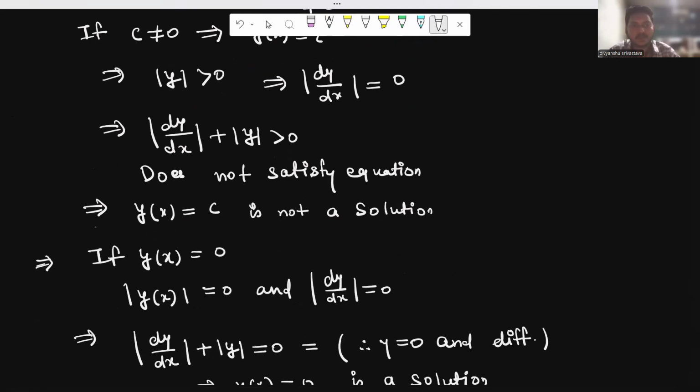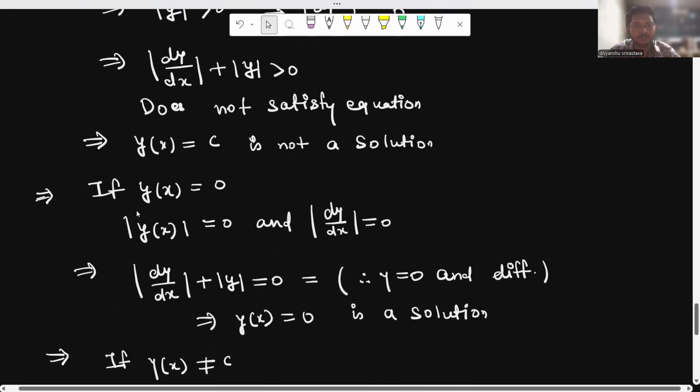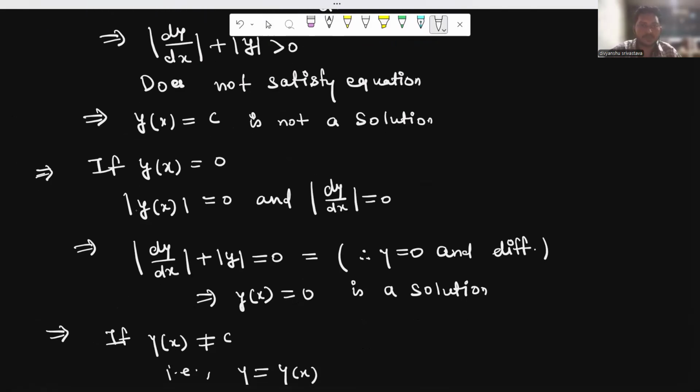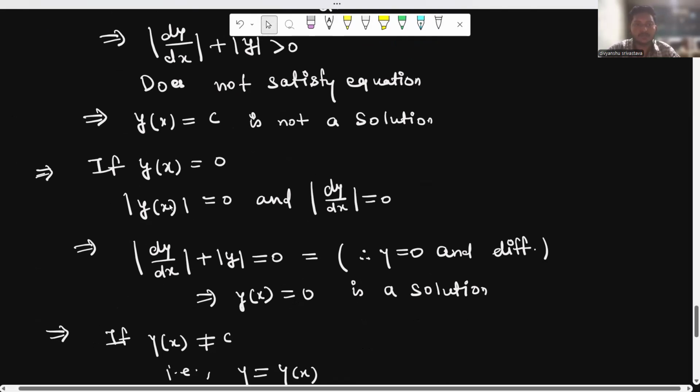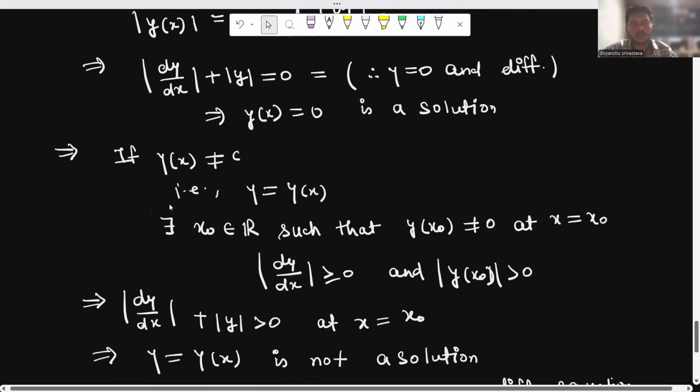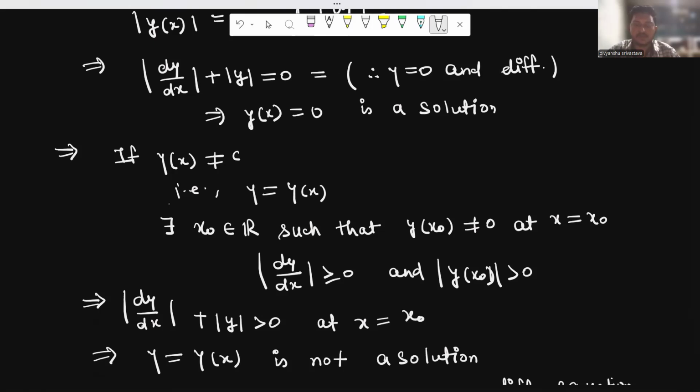Now move on. Next part, if y(x) is equal to 0, then the modulus is equal to 0 and dy/dx is also 0. So the whole thing is equal to 0. So for y equal to 0, y(x) equal to 0 is a solution of the differential equation. So if y(x) is not equal to c, that is y is equal to y(x), and there exists x0 which belongs to R such that y(x0) is not equal to 0 at x equal to x0.